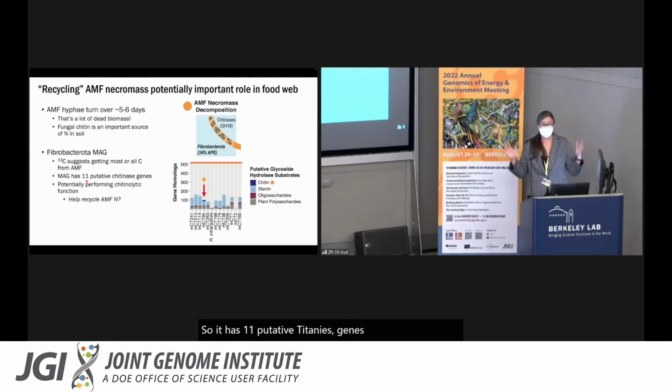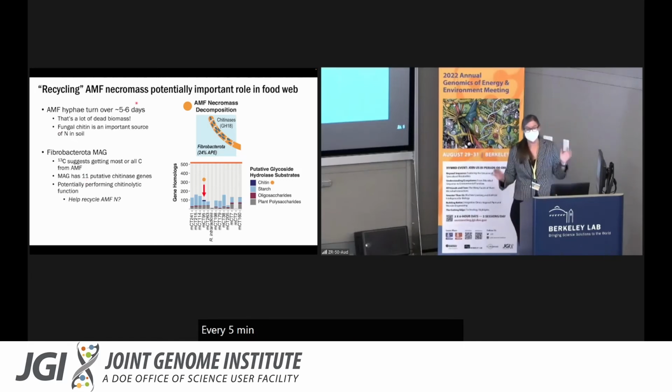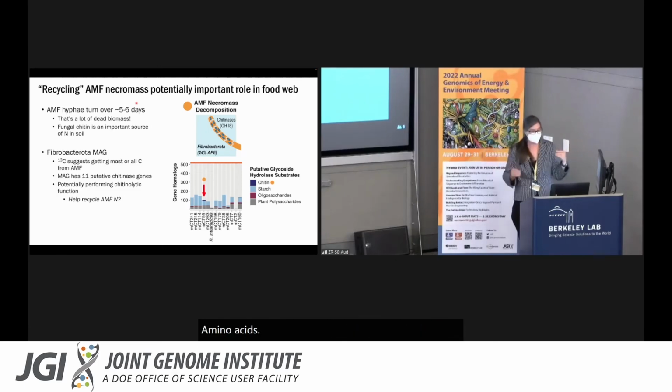If you know about fungi, you know that chitin is part of the cell wall of fungi, and also that AMF turn over every 5 to 6 days. So that's a lot of dead biomass. There's probably more dead AMF hyphae out there in soil than there is living hyphae.